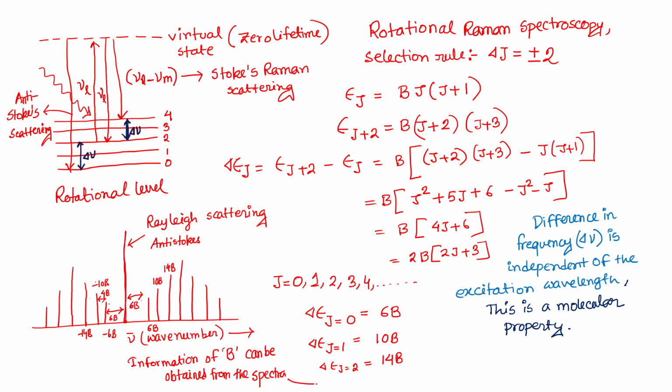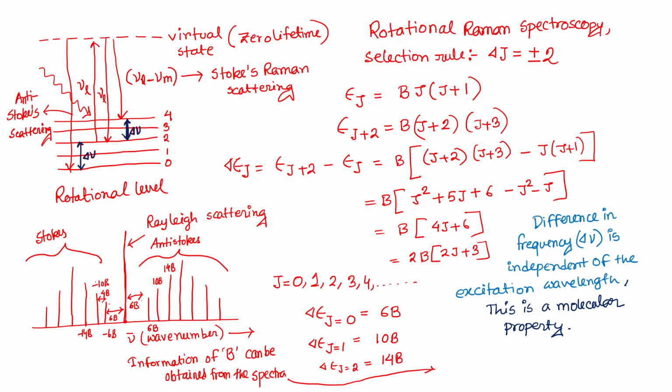So these are anti-Stokes, Stokes, right? I hope you got it. The Stokes will come at a lower frequency region and anti-Stokes at a higher frequency region, and the gaps depend on the rotational selection rule, which is delta J equals plus minus 2.